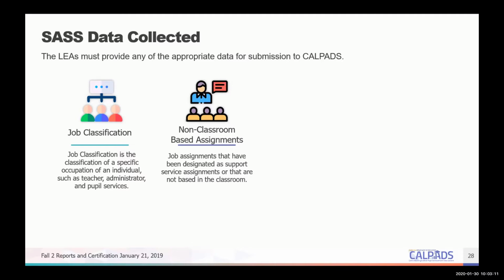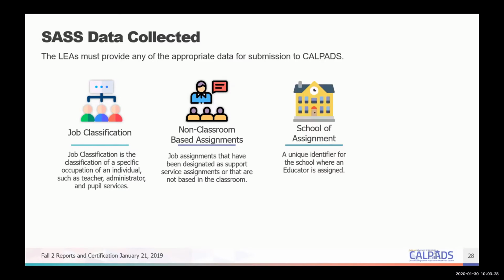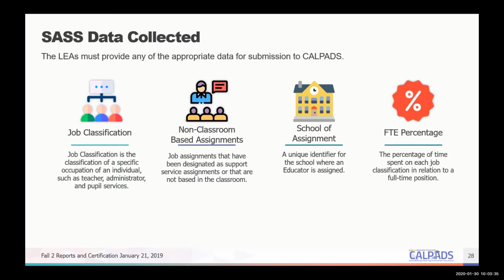These are the jobs that are not directly associated with instructing students. So if a staff member is not directly instructing students, then you report their non-classroom based assignments. Also, you have to indicate where they are assigned, what sites. So you have to identify the school of assignment and, of course, their FTE percentage, which is basically the time spent on each job classification in relation to a full-time position at each of those schools of assignment.